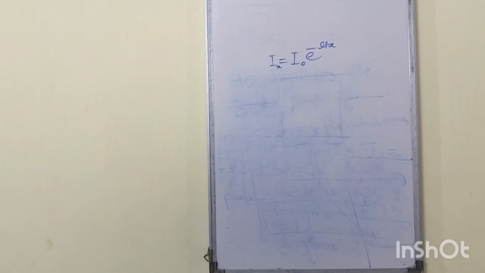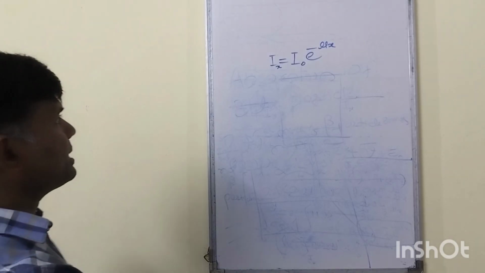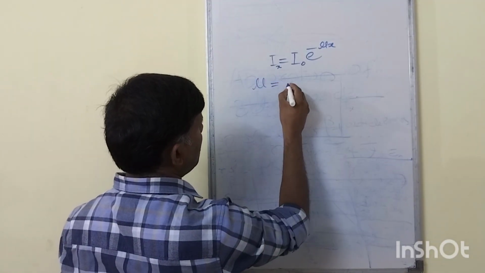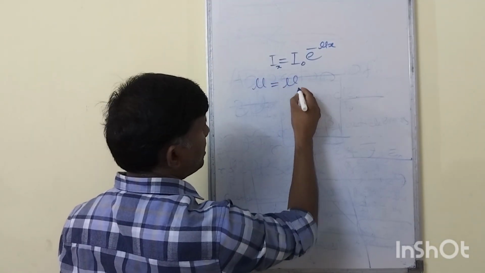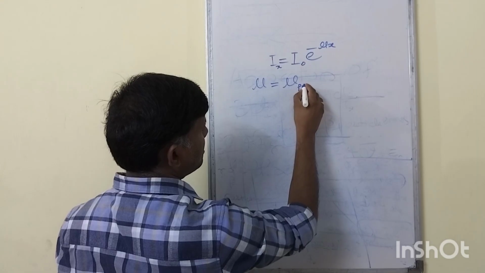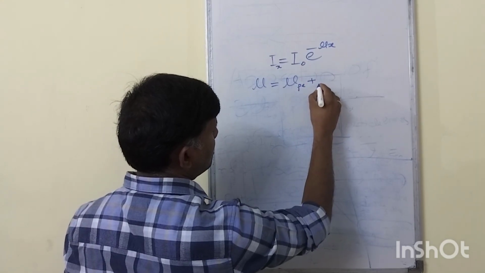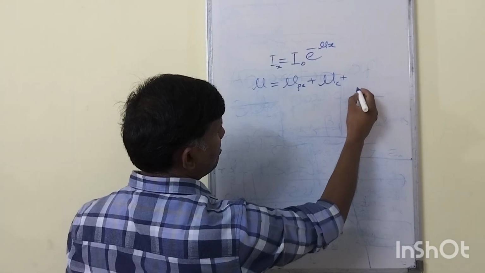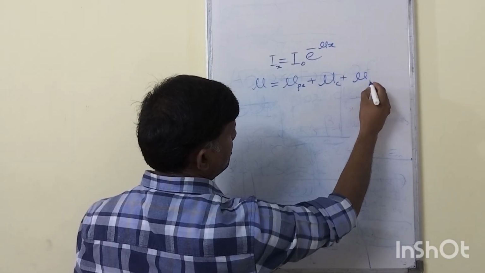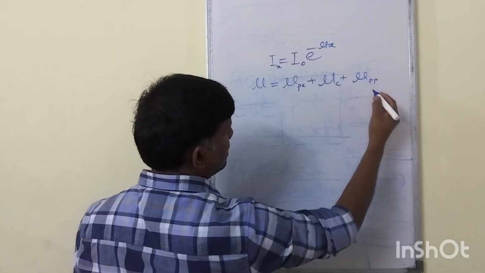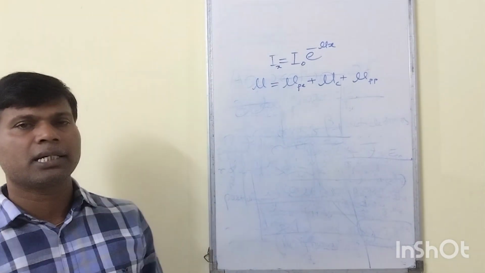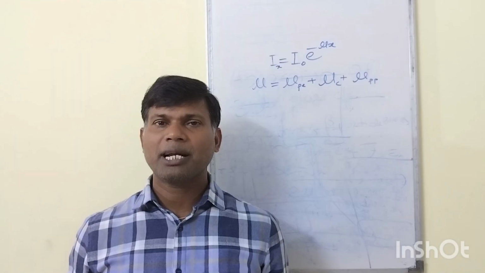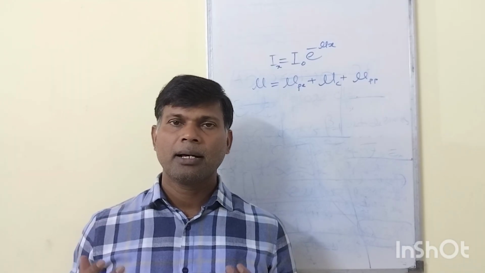You see that the intensity is decreasing exponentially. So mu is a function of three effects: photoelectric effect, Compton scattering, mu c, and pair production, mu p. This interaction takes place differently for different atomic numbers, meaning different materials.